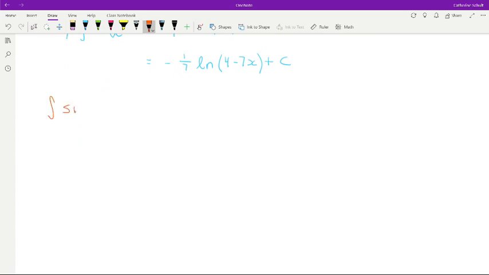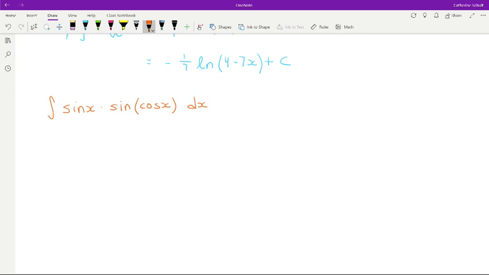Let's say we wanted to take the integral of sine of x times sine of cosine of x dx. All right. Well, remember, when we're doing our substitution rule, figuring out what we have to substitute is sometimes tricky.